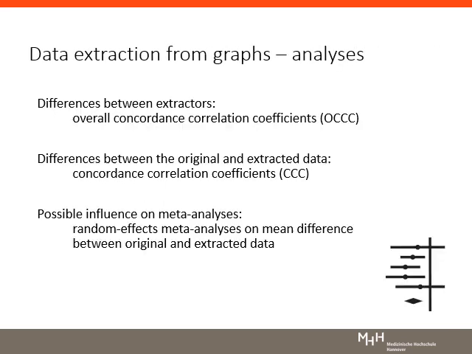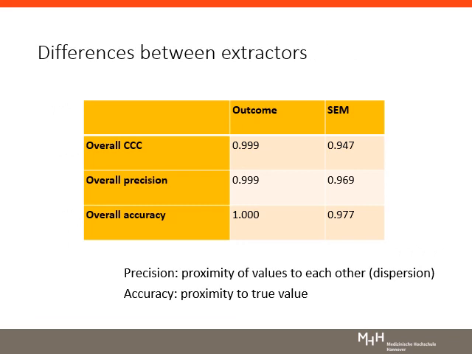For these data, we analyzed the differences between extractors, the differences between the original and the extracted data, and most important for us, the potential influence on meta-analyses. The consistency between different extractors is really good, and on the left we see the overall concordance correlation and the overall precision and accuracy for the 6 extractors, which have very high values for the outcome, so the concentration that they measured.